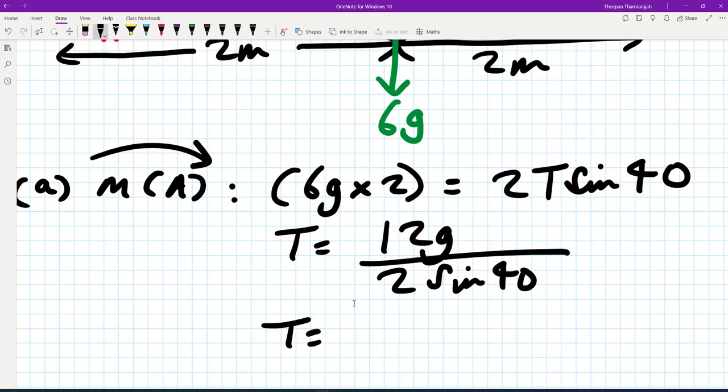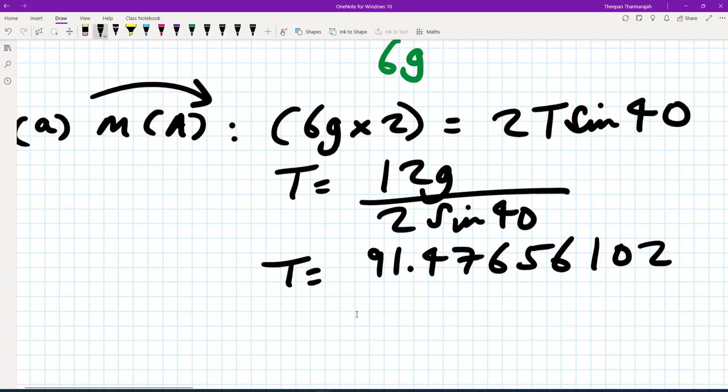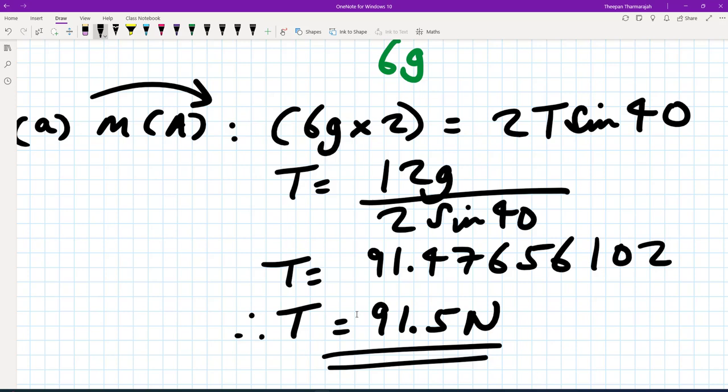Writing the full calculator display out is 91.47656102, and they want the tension, so we're going to round that to 3 SF, so it's 91.5. Therefore, T is 91.5, but we need to use the true value in subsequent calculations. That's been rounded correct to 3 significant figures.